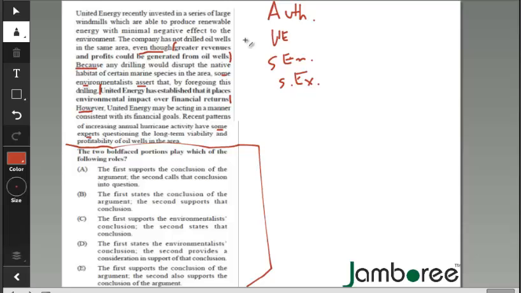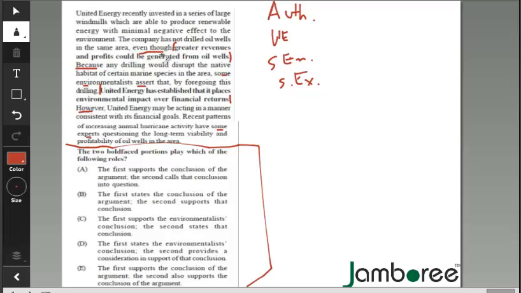Everybody agrees with me? So United Energy recently invested in a series of large windmills which are able to produce renewable energy with minimal negative effect on the environment. Okay, so this is a fact. The company has not drilled oil wells in the same area, even though... Remember I told you to look for contrast words?